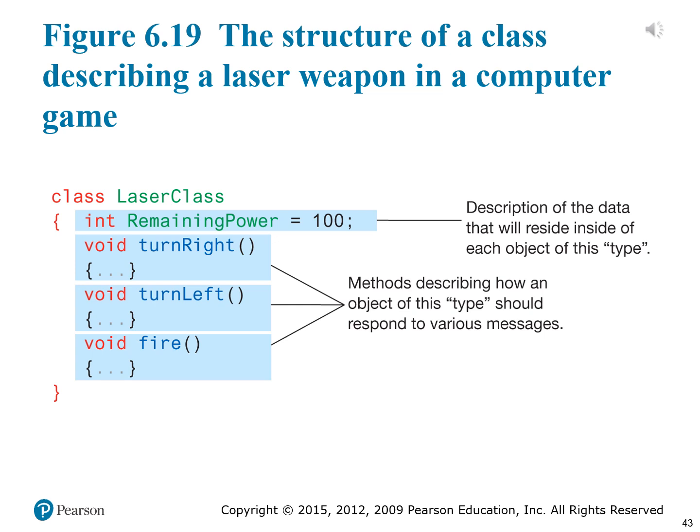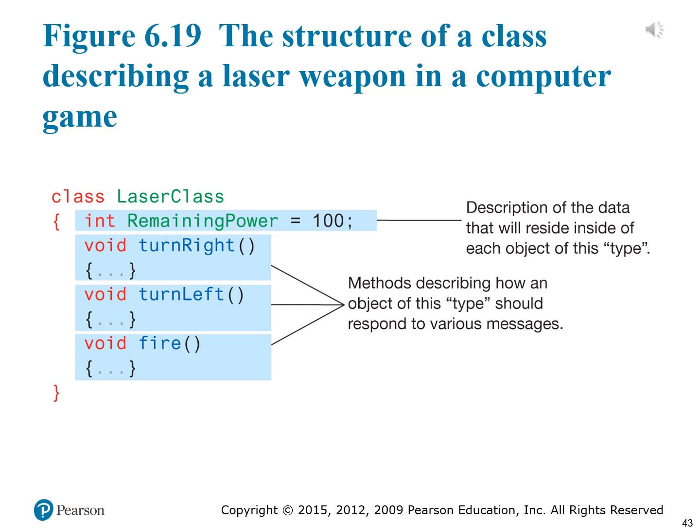The class consists of the declaration of a variable named remaining power of type integer and the three functions named turn right, turn left, and fire. These functions describe the routines to be performed to accomplish the corresponding action. Thus, any object that is constructed from this template will have these features: a variable called remaining power and the three functions named turn right, turn left, and fire.